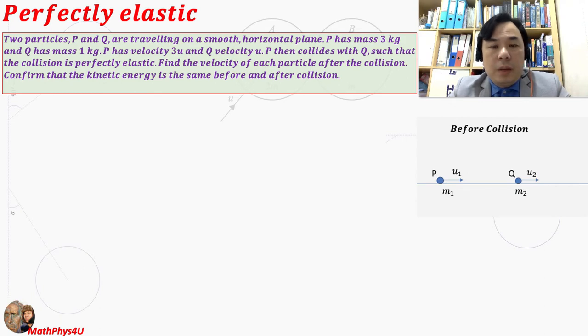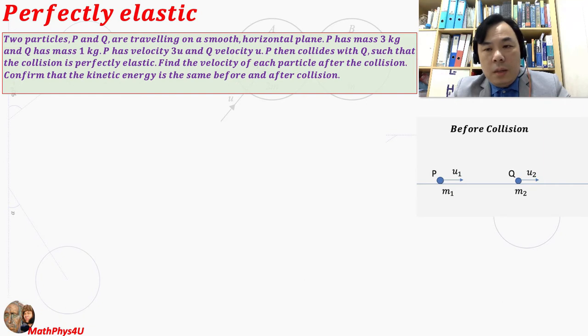The problem we have here involves two particles, P and Q, which you can see from the diagram on the right, traveling on a smooth horizontal plane. P has a mass of 3 kg and Q has a mass of 1 kg.